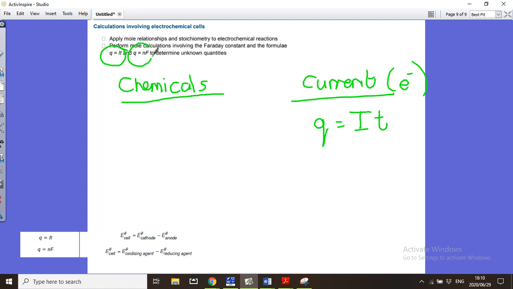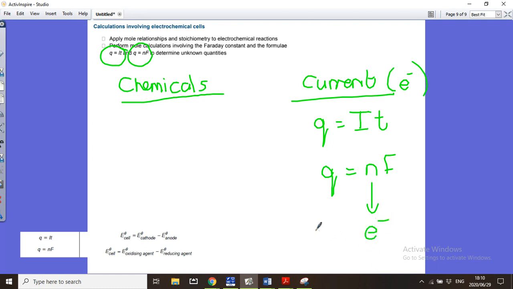To do that, you need your next equation, because Faraday's constant tells us the charge on 1 mole of electrons. So you're going to use the charge you calculated with Q equals nF, and this leads you to the moles of electrons.